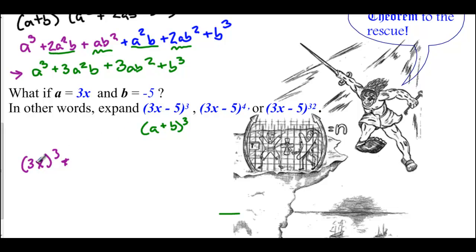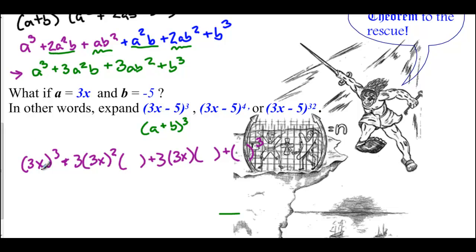So again, we're plugging in the 3x for a, so we've got 3x cubed plus 3 times 3x squared, and then we plug something in for b, and then plus 3 times 3x, and then I'll plug something in for b, and then plus, and again we'll plug something in for b. And for the b, we're going to plug in negative 5.